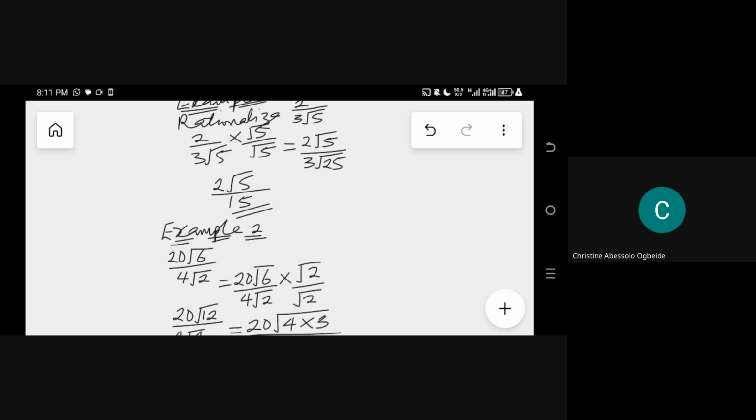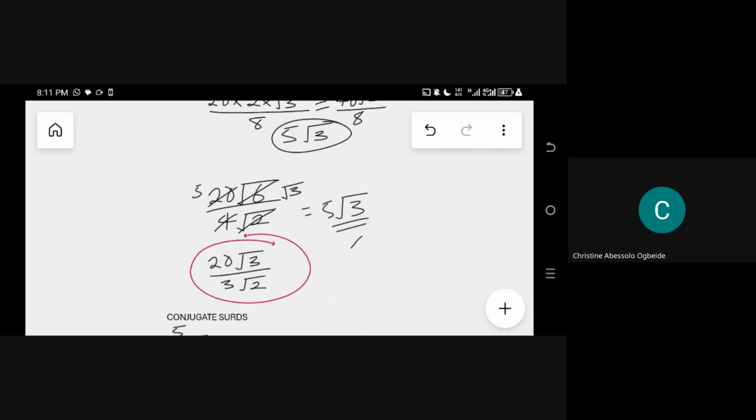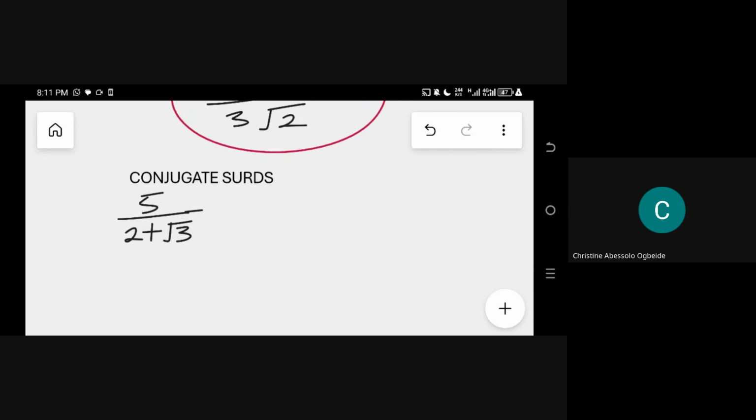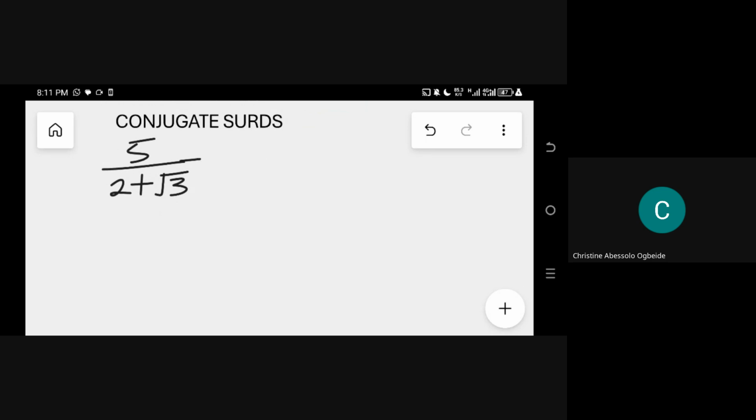So you see that they are different from this type that says 5 over 2 plus root 3. So what do you do when you have this type? That is what brings us to the conjugate of surds.